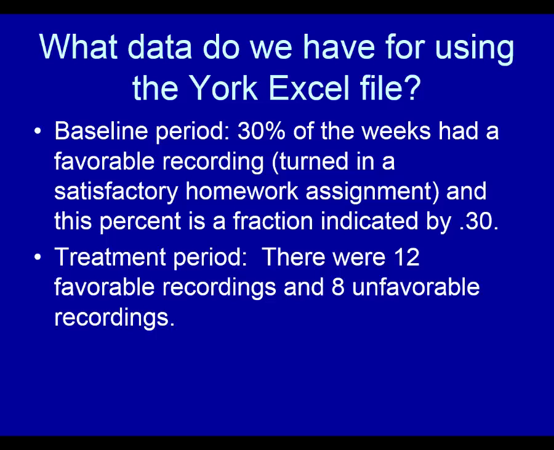Actually, the numbers you'll put into the Excel file are 12, which was favorable, and 20, which was total. So we have 3 numbers we're going to put into the Excel file: 12 favorable, 20 total in the treatment period, and a fraction of 0.3 for the baseline.